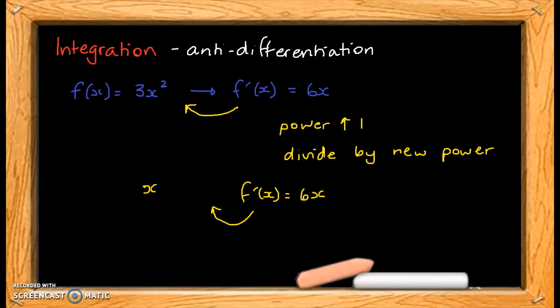So my power, which was 1, will become squared. Then my coefficient stays the same, and I divide by the new power. And you can see, once I simplify this fraction down, I'm going to end up with 3x squared, which is where I started.